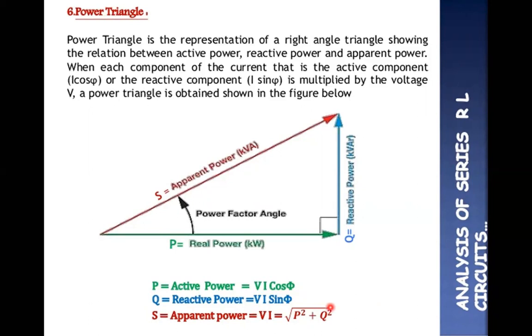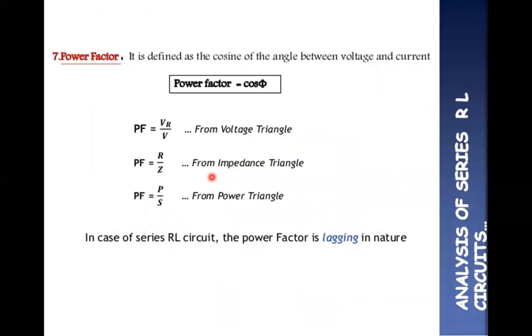We can see the real power, reactive power, and apparent power, with each of the values specified. And power factor is nothing but cos phi. You can see the power factor from the voltage triangle as VR by V, from the impedance triangle as R by Z, and from the power triangle as P by S. So in case of a series LR circuit, the power factor is lagging in nature.